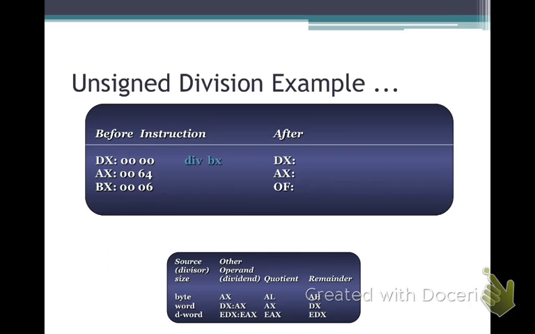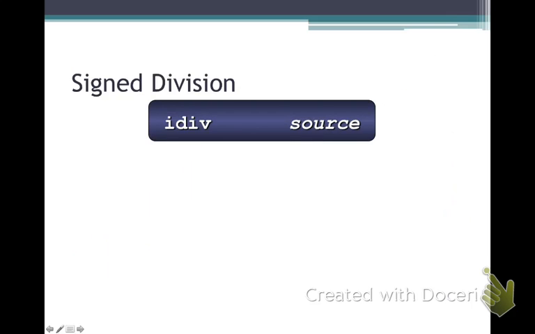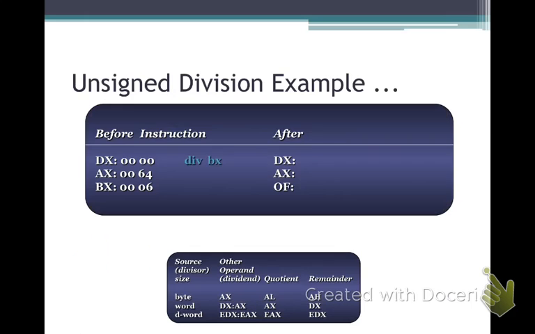Again, working very similarly to what we would expect. So let's look at an example. In this example, my divisor is word, so my dividend is DX:AX. In DX:AX, I have 100. Okay, so this is 100 divided by my divisor, which is in BX.